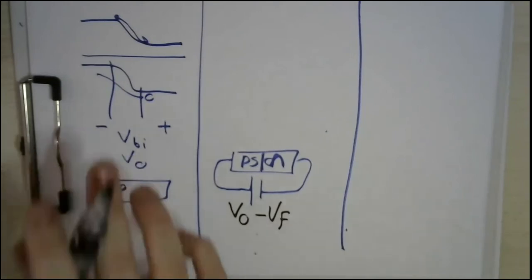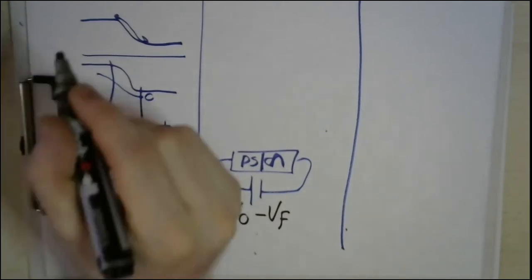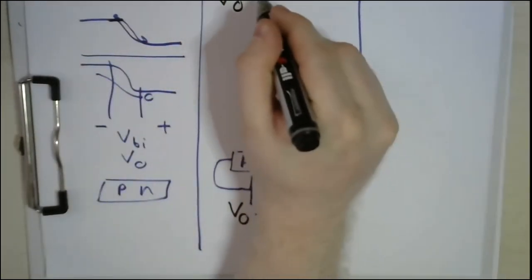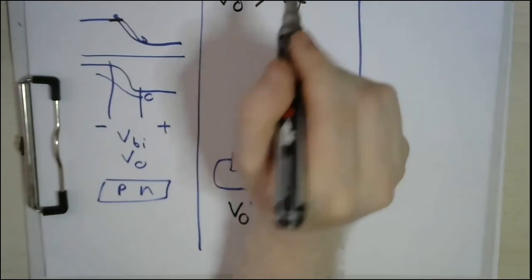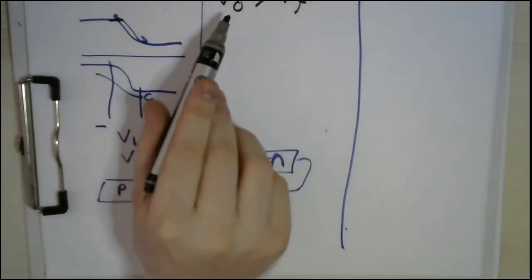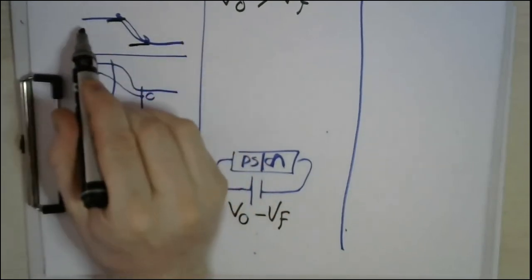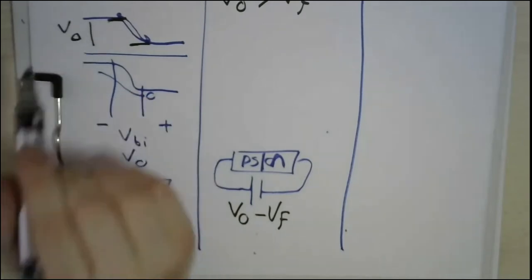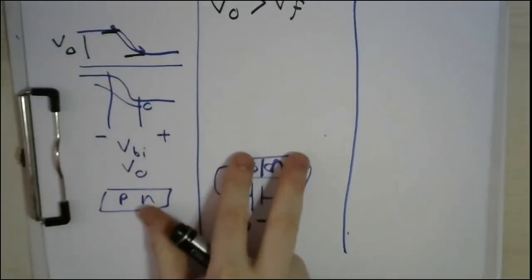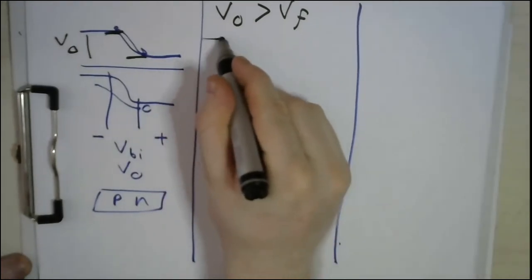Accordingly, we can plot two energy band diagrams for this forward condition. The first one is when V node is still greater than Vf. So what will happen is V node is still greater, but this barrier, which is V node, will be reduced to V node minus Vf. So your energy band diagram will look like this.